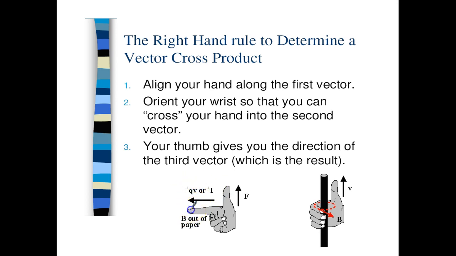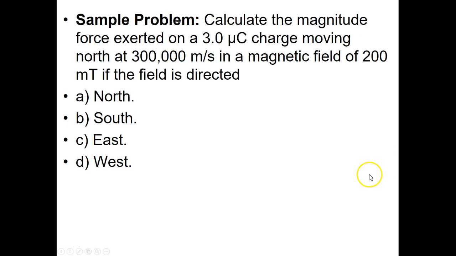Sometimes what I have people do is actually take a pen and write V on that finger. On the middle finger, they'll write B, and then they'll write F on their thumb. And notice that this is called the right hand rule. If you use your left hand, this does not work. So we want to make sure that we use the right hand rule to determine this vector cross product. I'll help you with that in class a little bit.